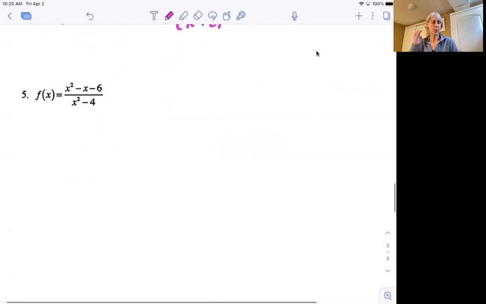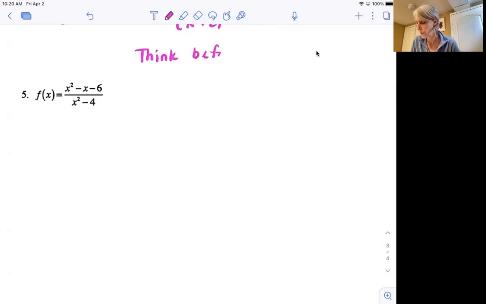Now let's look at example 5. Look at what's going on there. Hopefully by now you can recognize that, oh wait, I can factor both the top and the bottom. Always look at what you're starting with. Think before you start. Can you simplify this?